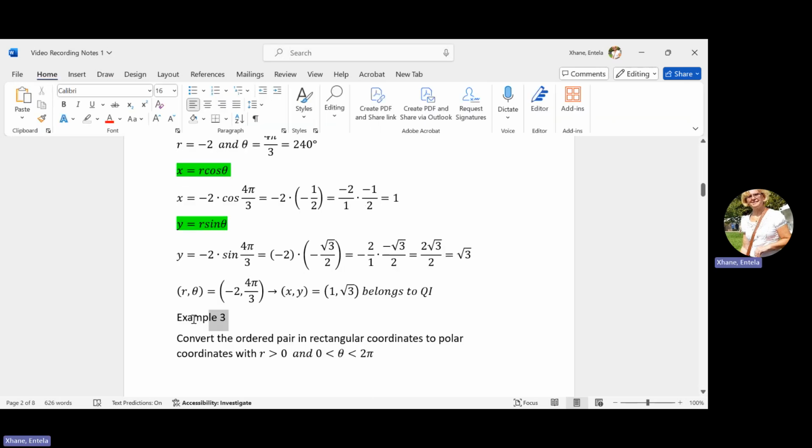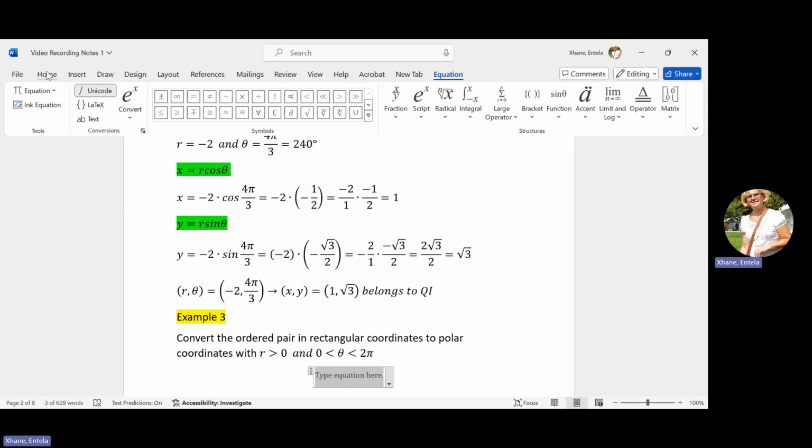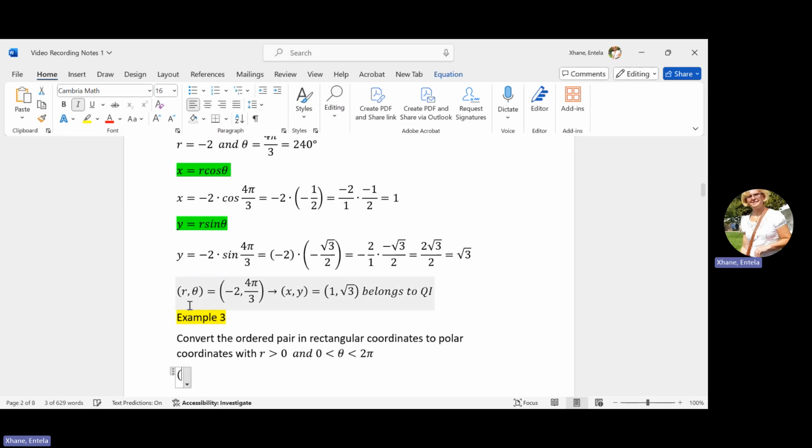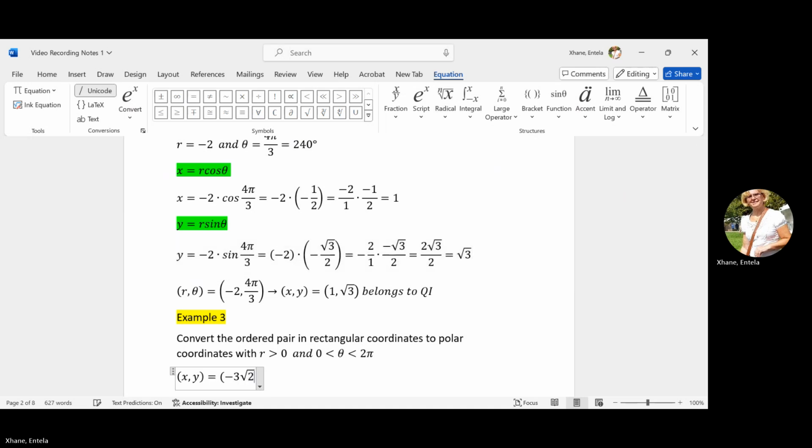Now let's see what the ordered pair is. So remember now the direction is reversed. So we start off with x and y. So I have an ordered pair, x, y. xy is given as -3 square root of 2, comma, 3 square root of 2.